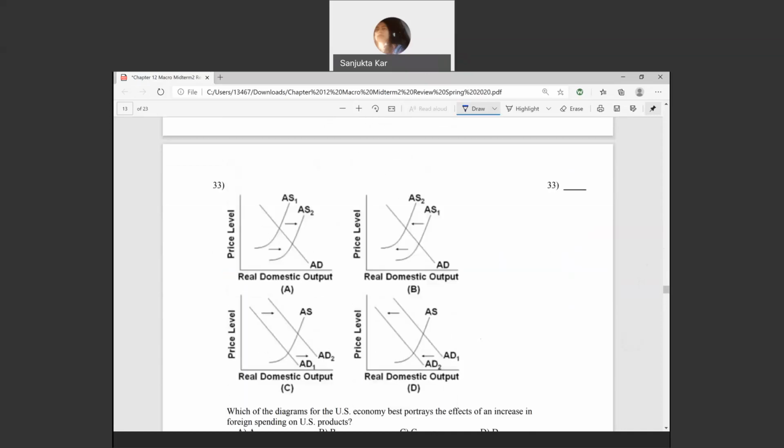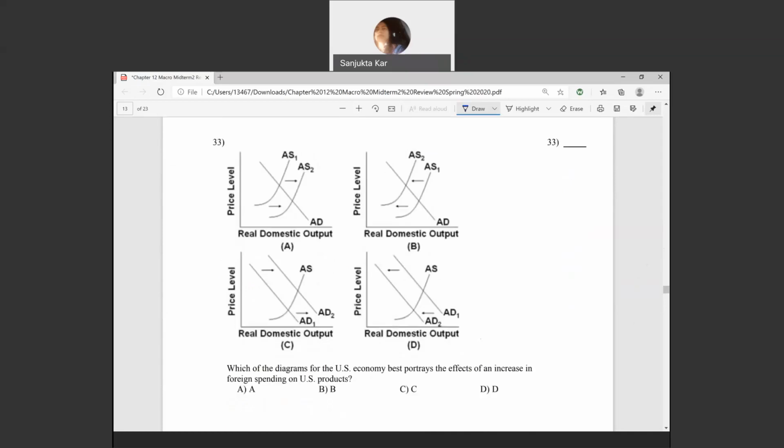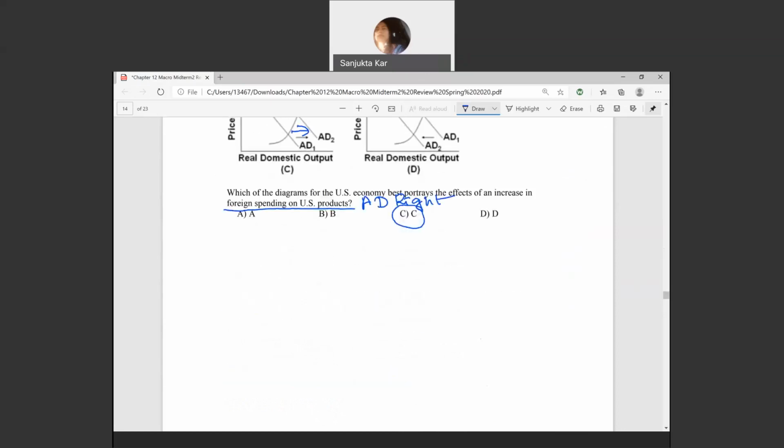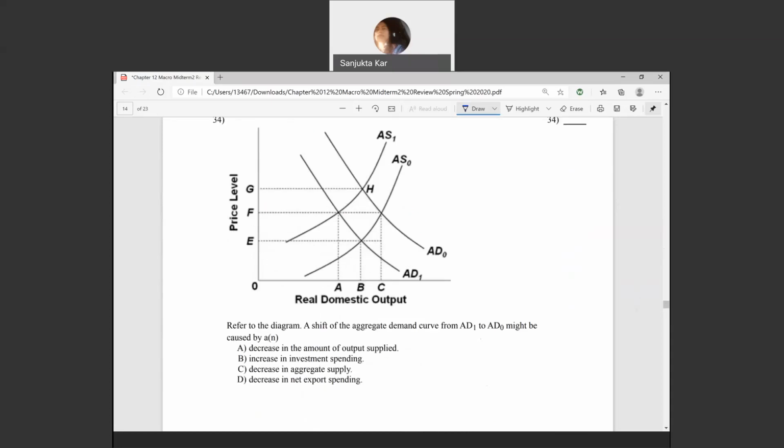Now going over to question number 33 here. Which of the following portrays the effect of an increase in foreign spending on US products? This is going to be the aggregate demand curve shifting to the right. This one is C. Now look at question number 34 here.